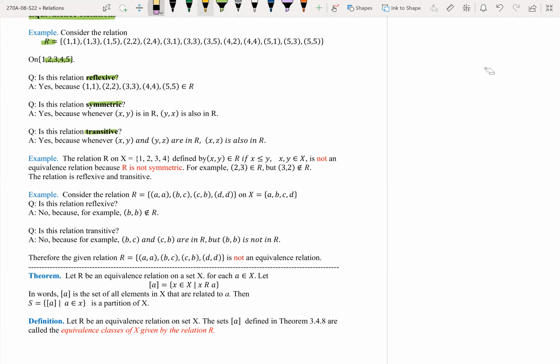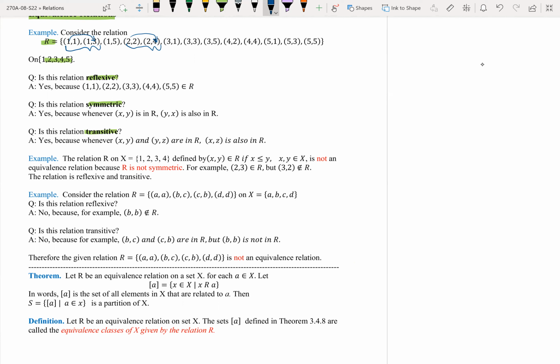For transitive, okay. Like here between these two, 1 is related to 1, 1 is related to 3, which gives you that 1 has to be related to 3. Yes, that's true, right? 2 is related to 2, 2 is related to 4, so then 2 is related to 4. That works. Okay.